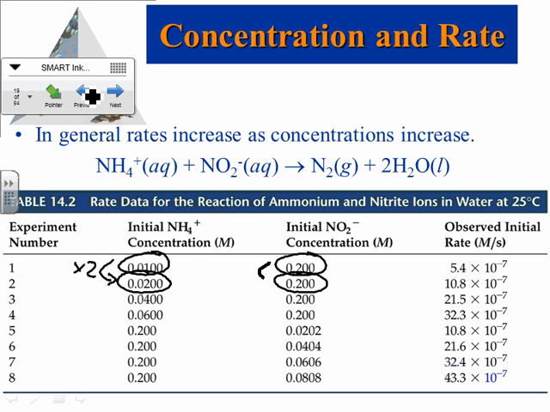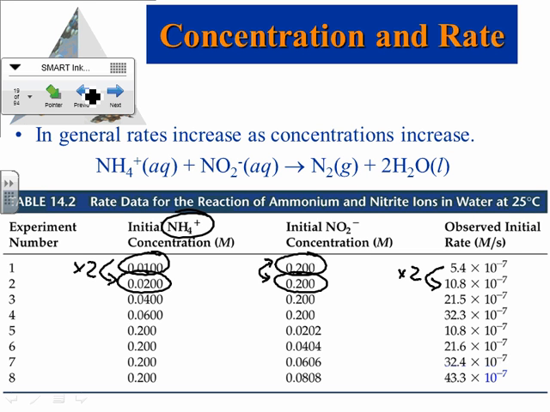So the only thing we changed is we doubled the ammonium concentration. Now look what happened to the rate. The rate actually doubled. So you double the concentration of the NH4+, you double the rate. That's a good thing to know.